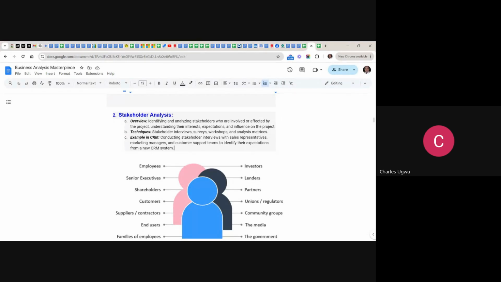And like I said earlier, we use a CRM system as an example. In the CRM system, we can see that the stakeholders here can be, say, representative marketing managers or the customer support team. I'm using this as an example. When you are working with an ERP system, you might meet different stakeholders.